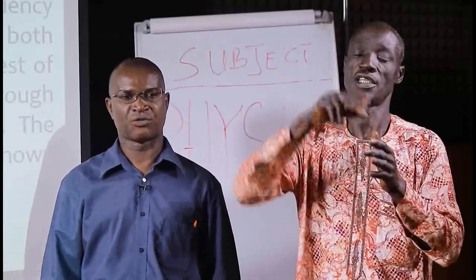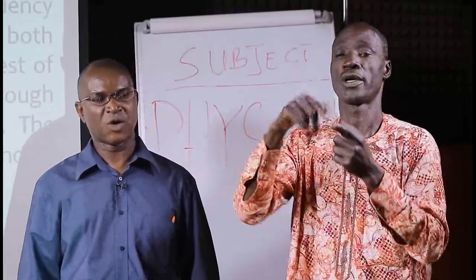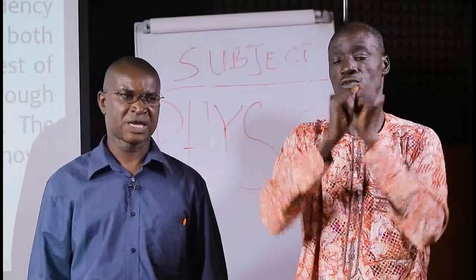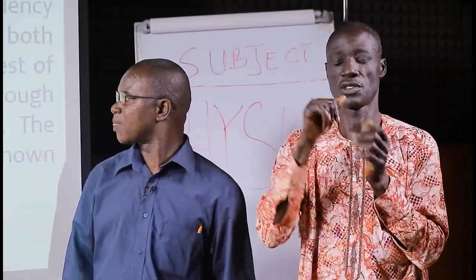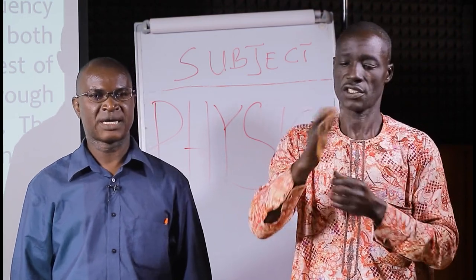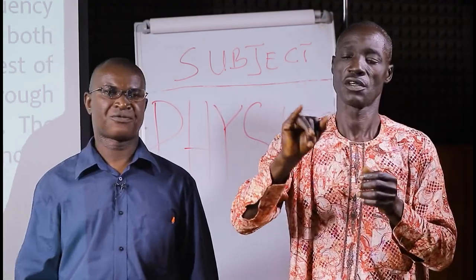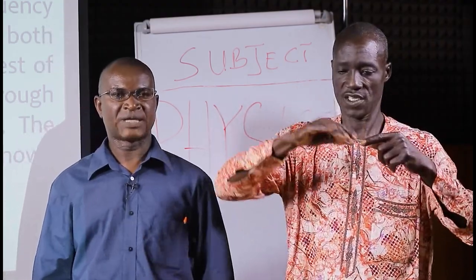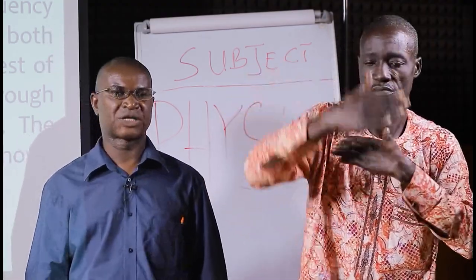But when the trough of an incident wave coincides with the crest of another wave, we say they are out of phase. The crest of the incident wave coincides with the trough of the reflected wave, and vice versa. That is to say, incident wave, oncoming wave, and then the wave that is going back in the opposite direction.